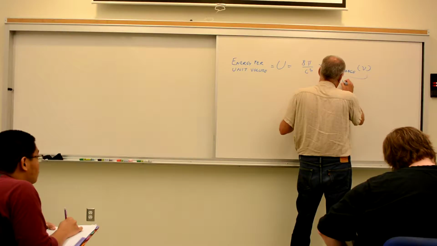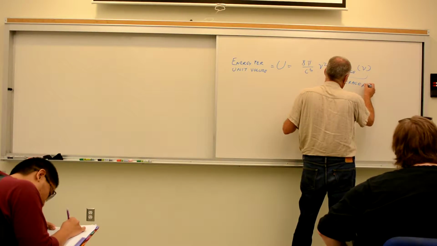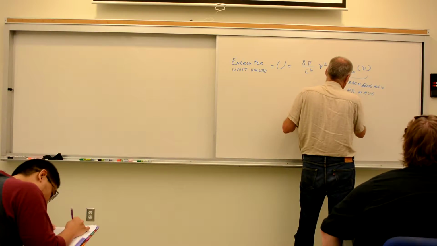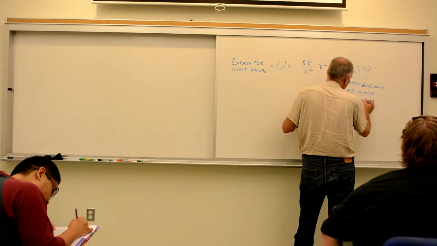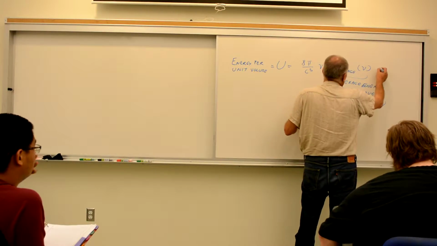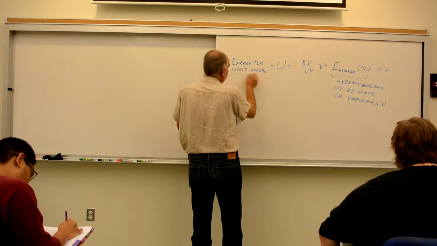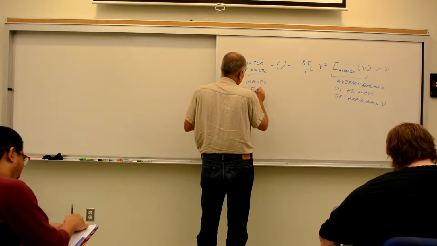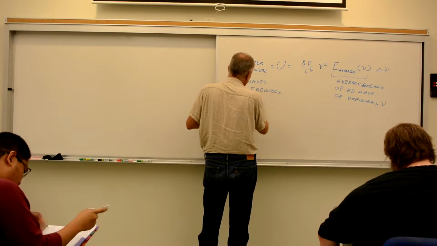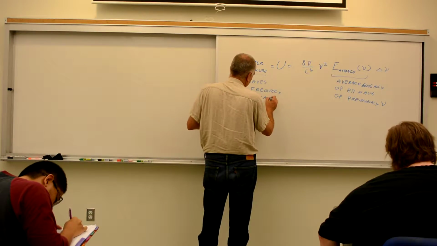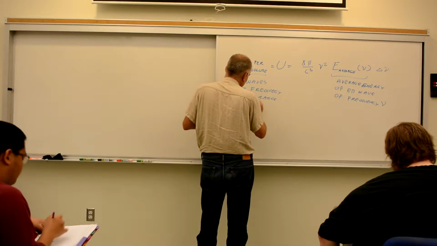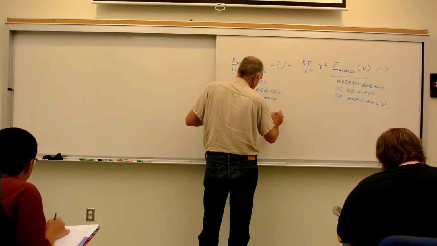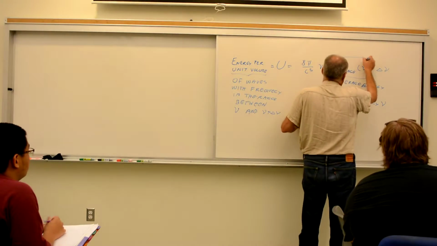So this is the average energy of an electromagnetic wave of frequency nu, times delta nu, so energy per unit volume of waves with frequency in the range between nu and nu plus delta nu. And this is a thermal averaging.